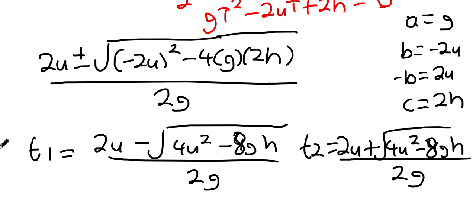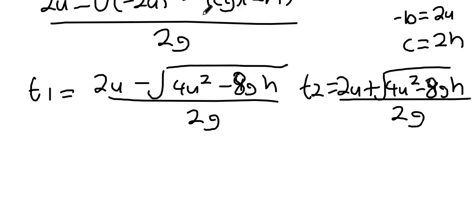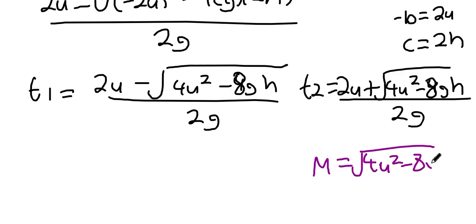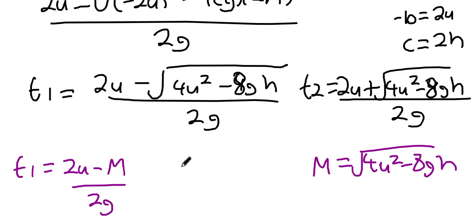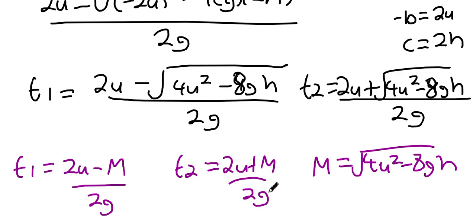Now, placeholder variable, guys. What I'm basically saying is, let m equal the root of 4u squared minus 8gh. You got it? So t1 is now 2u take away m over 2g, and t2 is 2u plus m all over 2g.